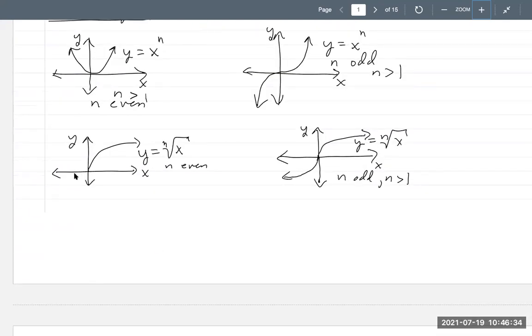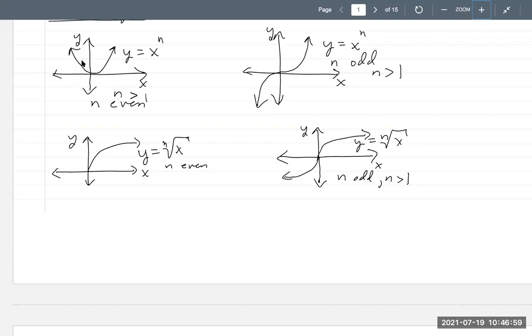Next, the graph of, well, the nth root of x, where n is even, will look like this parabola where I've just toppled it on its side.